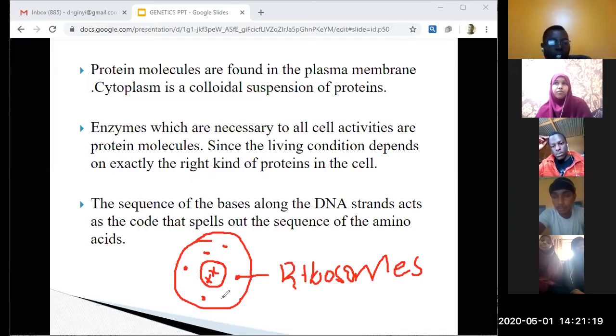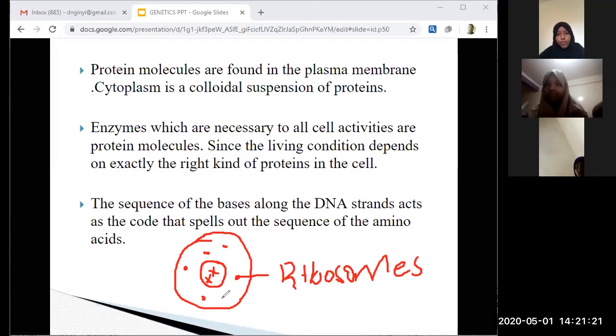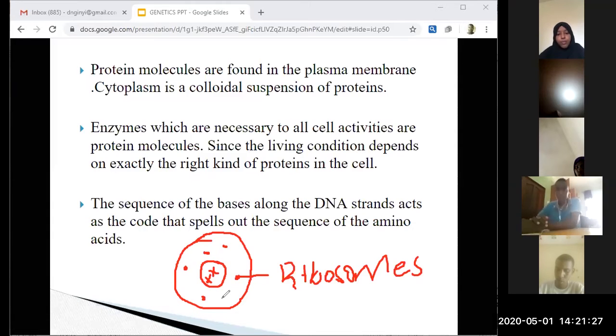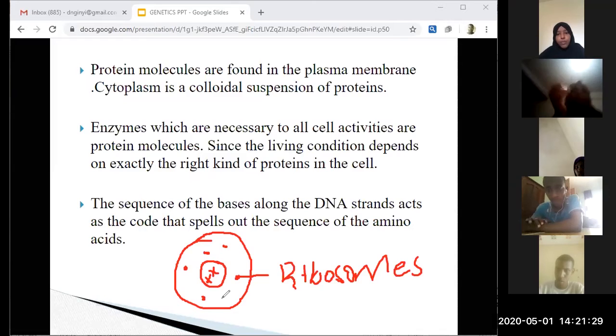Chromosomes are always within the nucleus. They don't move out. So there is an intermediate, a communication between the ribosomes and the chromosomes in the nucleus which carries the DNA. So what happens is that we have what we call messenger RNA.